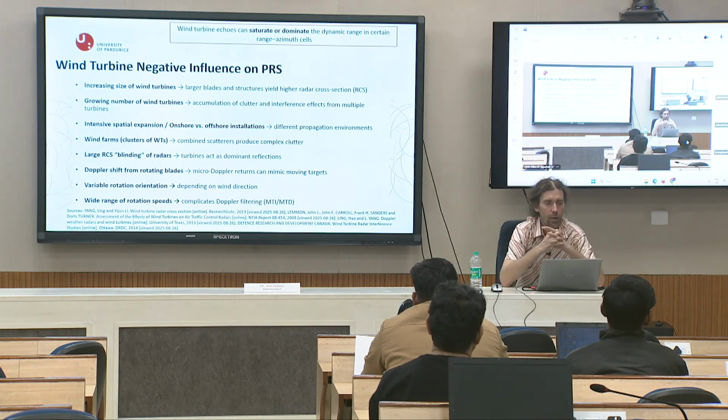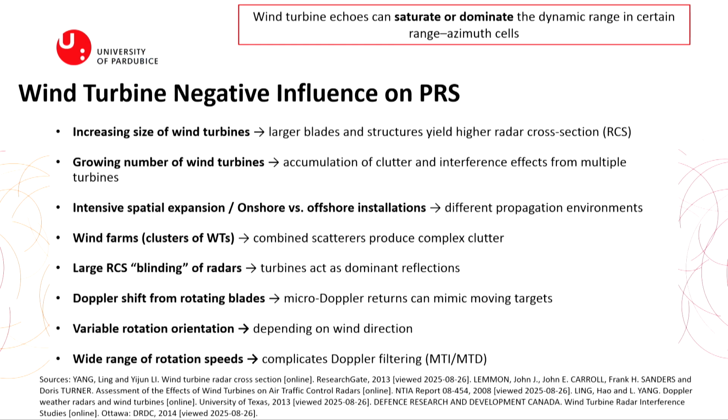The next problem is the growing number of wind turbines. Of course, more wind turbines, more problems. Is it clear? I think so. Intensive spatial expansion, because now we don't have only onshore wind turbines, but also offshore, close to the coast.